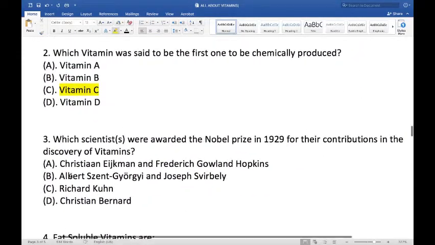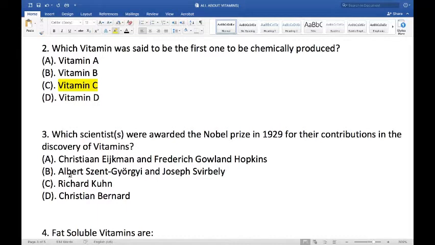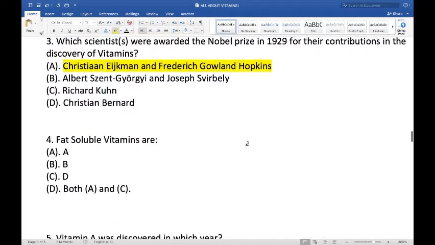Next question. Which scientists were awarded the Nobel Prize in 1929 for their contributions in the discovery of vitamins? Now, the study and discovery of the vitamins are accredited to Christian Eijkman and Frederick Gowland Hopkins. So these are the two scientists that were awarded the Nobel Prize in 1929 for their work on vitamins.